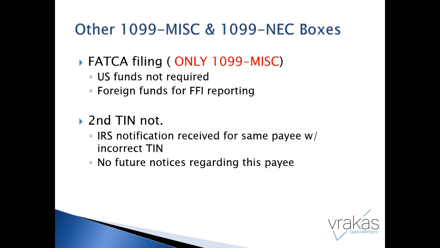When you file it, you keep getting a notice for this one vendor year after year. Well, if you mark this box, the IRS will not send you another notice for that specific vendor.